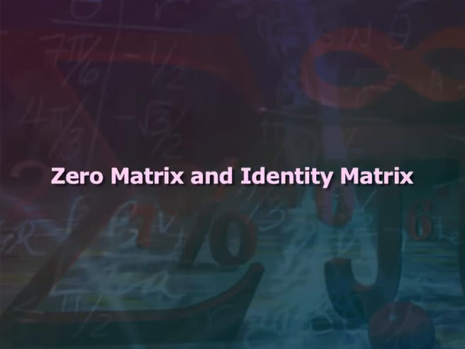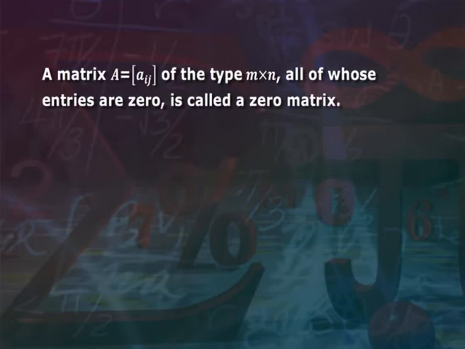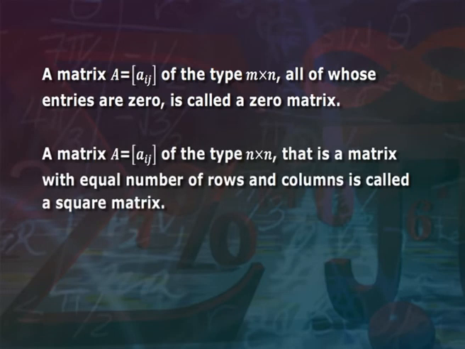Zero matrix and identity matrix. A matrix A equals [aij] of the type m by n, all of whose entries are 0, is called a zero matrix. A matrix A equals [aij] of the type n by n, that is, a matrix with an equal number of rows and columns, is called a square matrix.